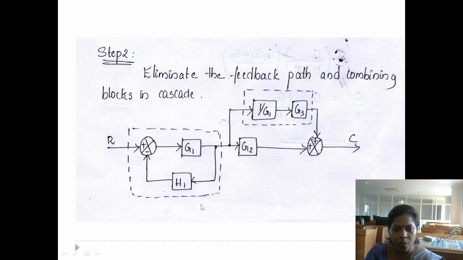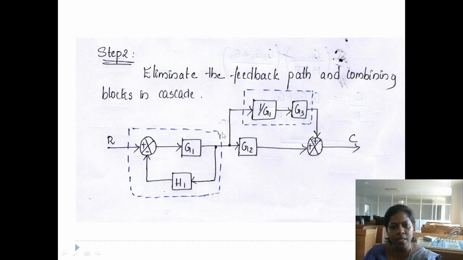Here we can see one negative feedback loop. Here we can see 2 blocks in cascade. Now eliminate this negative feedback loop and also combine the two blocks in cascade. For combining these two blocks in cascade, we have to multiply these two blocks.